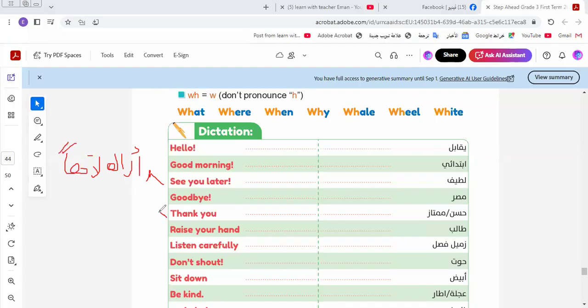When you translate this in Arabic, it is here. When we say raise your hand, it is written in Arabic, so here I translated it into Arabic. When we write this in English, we say primary.